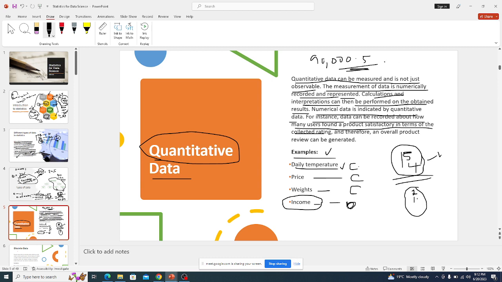It's either 90,000 or 55,000. So income here I can categorize under discrete. But in case it comes to your final exam and it is presented with a decimal, then don't be confused. It will now change to continuous data type.